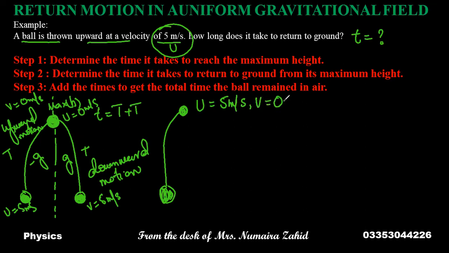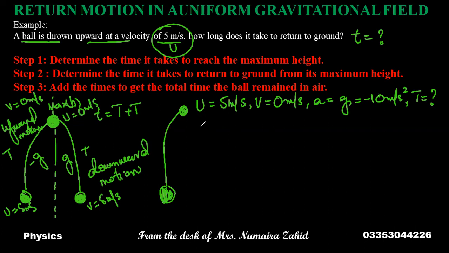Final velocity will be 0 meters per second. Acceleration due to gravity will be minus 10 meters per second squared. And the time taken by the object is to be calculated. We also don't know the height of the object. So what equations can we utilize?